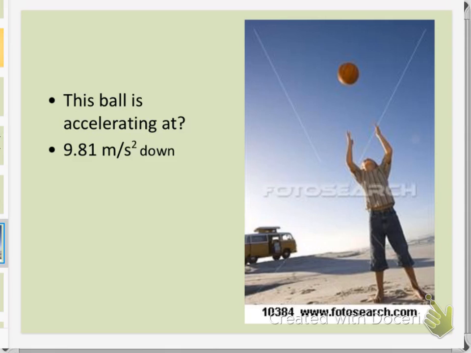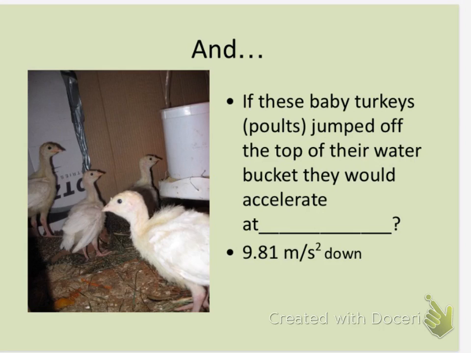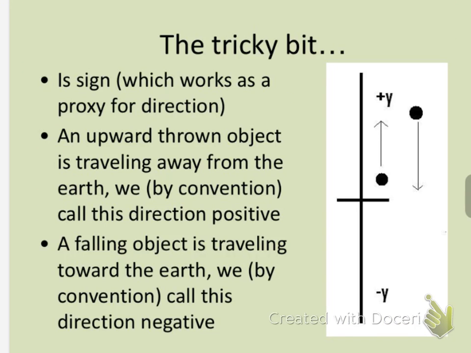What's happening to its velocity? It's slowing down. And this is consistent with your observations over a lifetime of throwing things up into the air. If it's traveling under the influence of gravity, it is accelerating at 9.81 meters per second squared downward. It's not tricky, but you have to be careful. You have to be very, very aware of this.